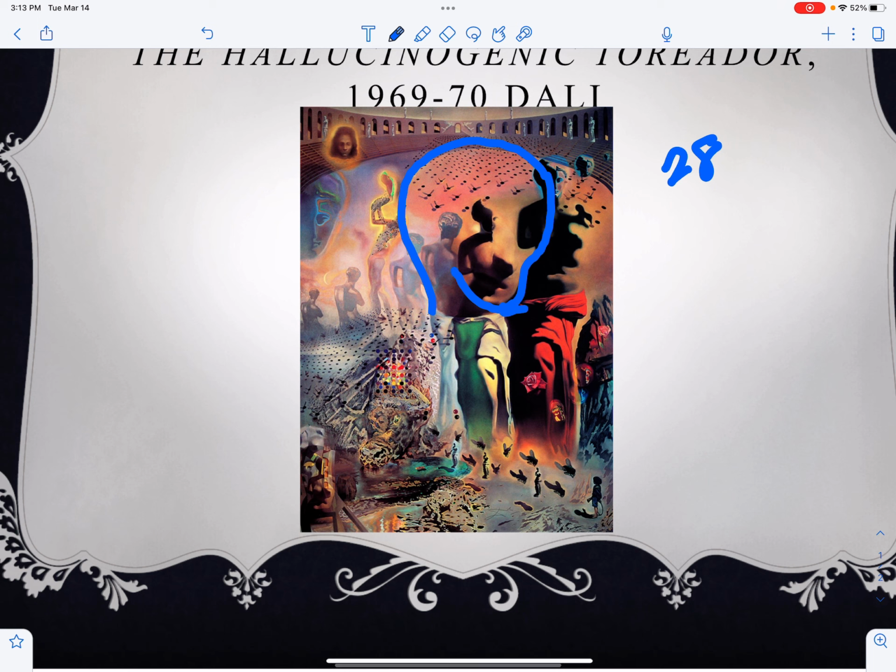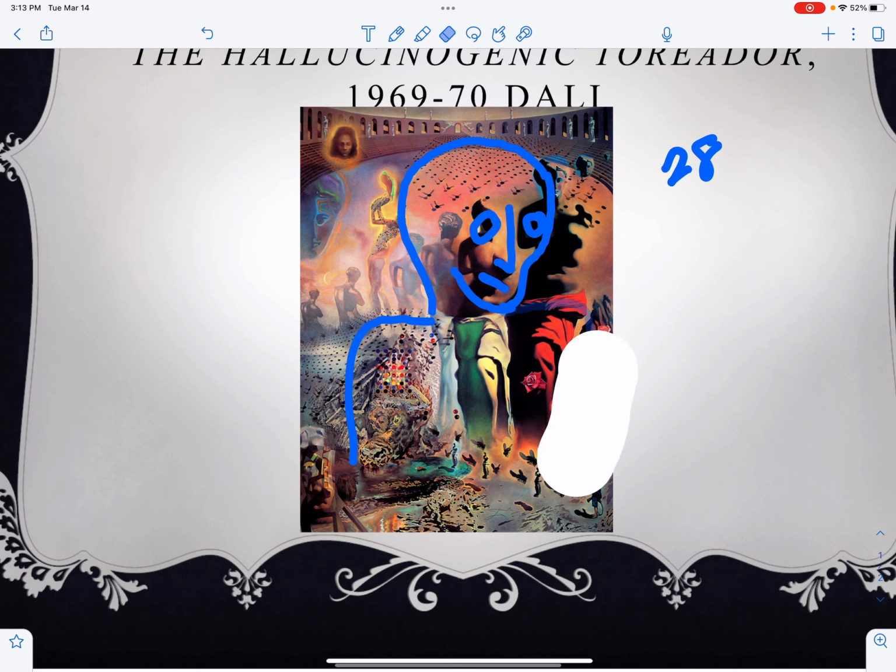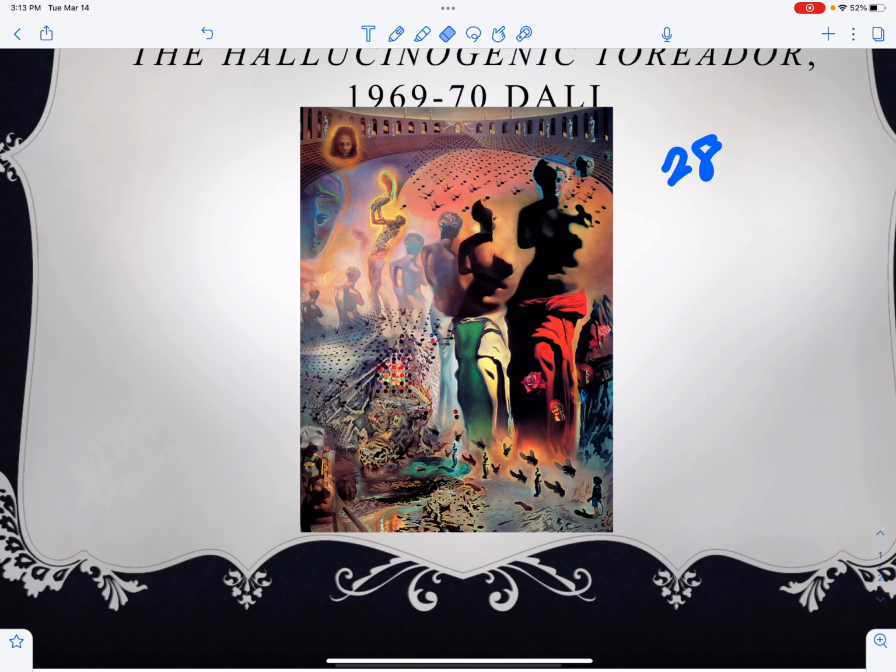It kind of looks like that. Okay, so this is the toreador. I'm going to erase these lines, but I just wanted to show you what I'm looking at. Right here is his nose. His mouth is located here. Here's an eye, and there's an eye. Okay, so I just made that incredibly awful. Let me erase that.